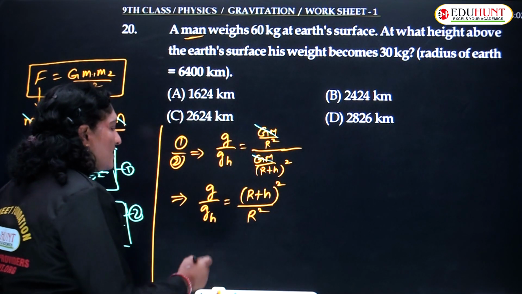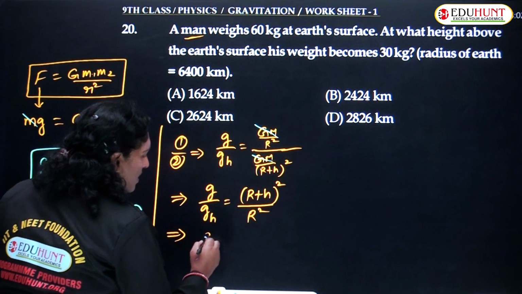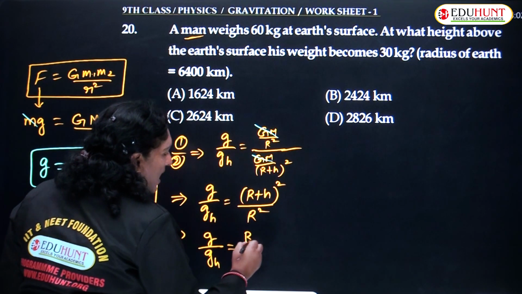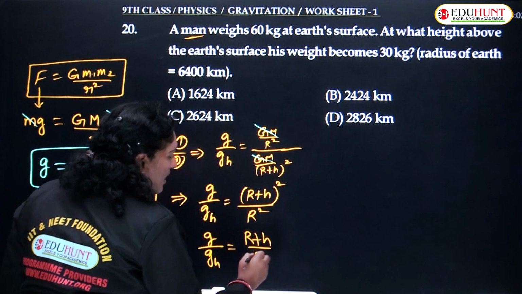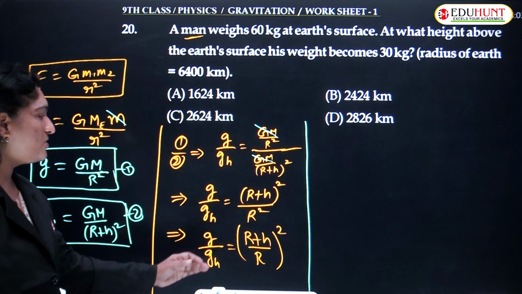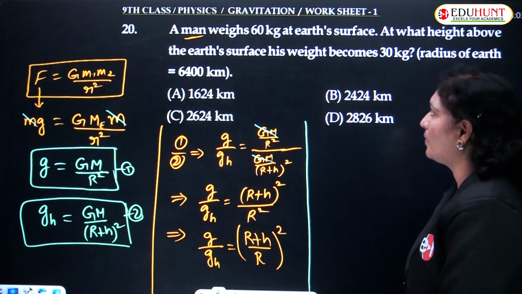So g upon gh is (R plus h) upon R, whole square.